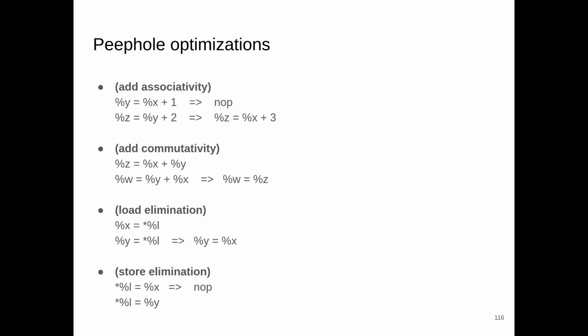Effectively, we are reducing the number of instructions by 1 because the first instruction is just gone. It is no longer a valid operation. It is null, which can be easily optimized later.